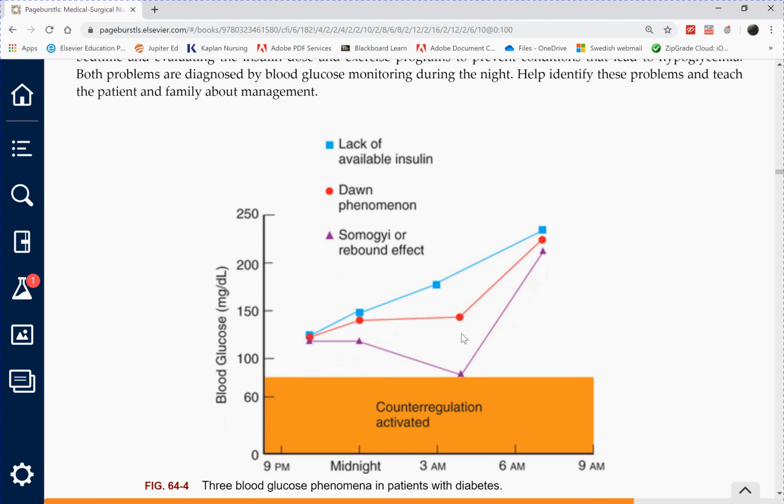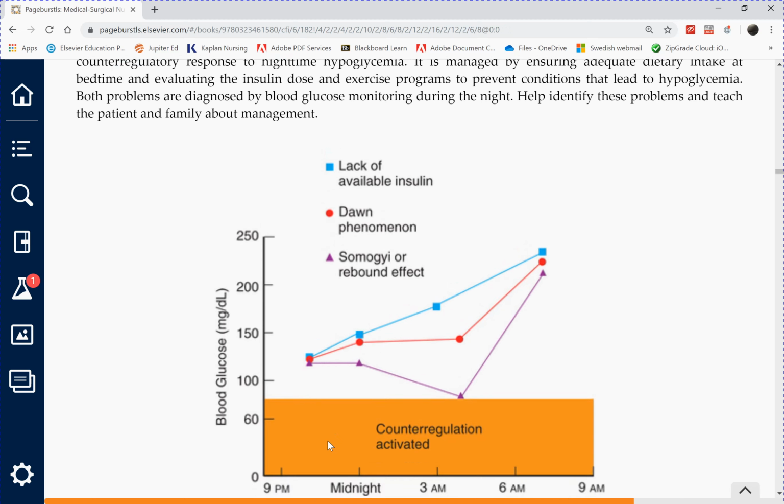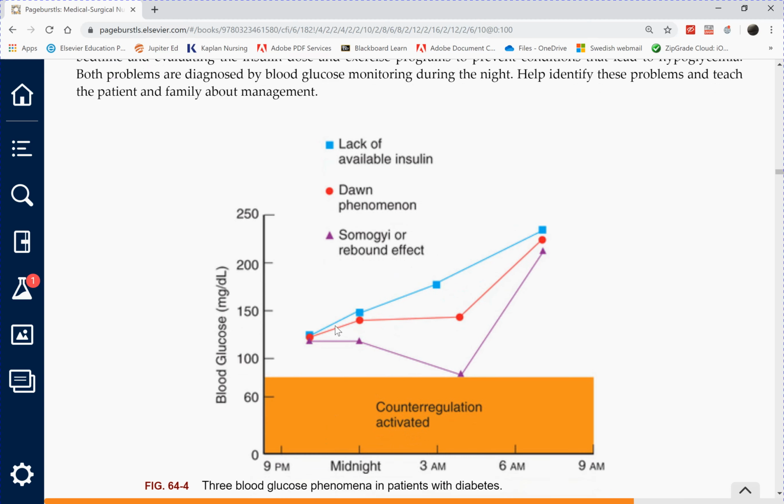So instead of giving the NPH earlier around here, they suggest giving it later, around bedtime or 10 p.m. That way, because it peaks around 6 to 8 hours, it doesn't peak until later in the middle of the night. Okay, so after midnight.